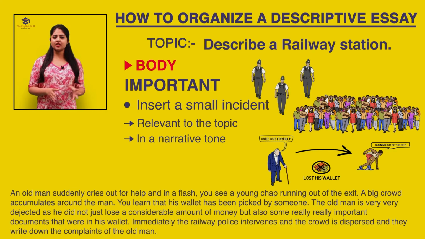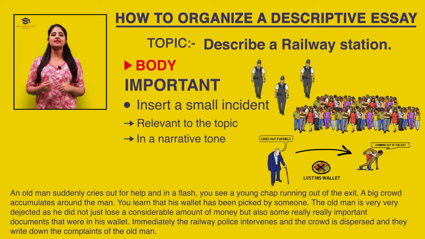So this is a small incident which is very relevant in a railway station. A pickpocketing incident, a stealing incident that usually happens in railway stations. So you just add it to break the monotony of all the descriptions that you're giving.